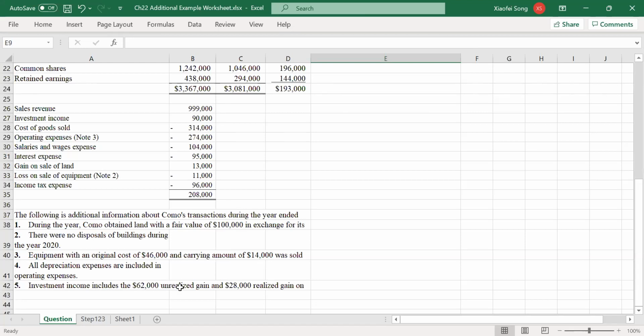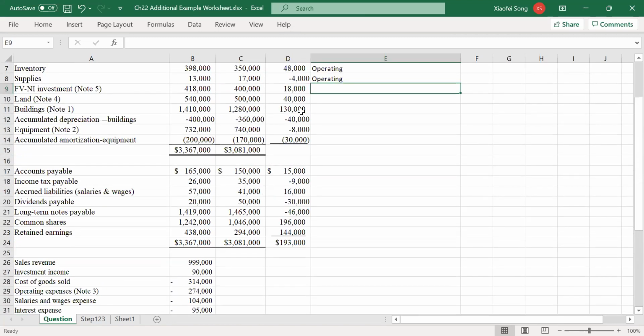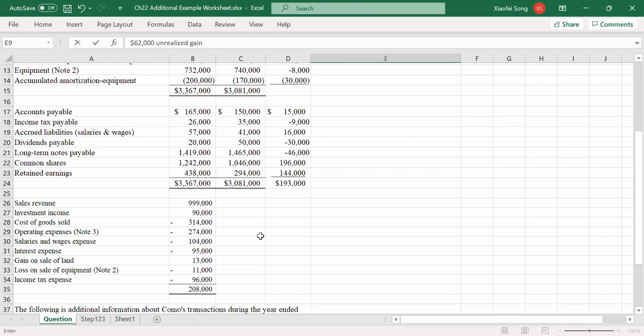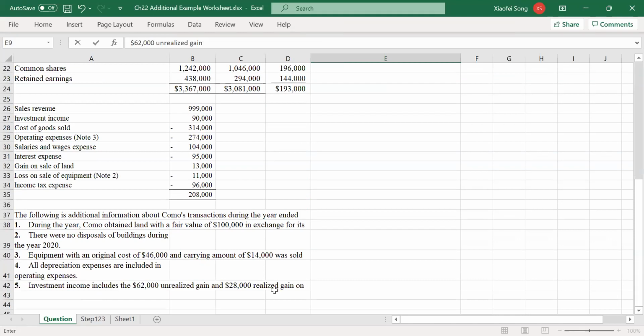Okay, so that 18,000 must include 62,000 unrealized gain, because you just make an adjustment at the end of the accounting period from whatever the carrying amount to the fair value, right? So that would be an increase. So that is the 62, and you have realized the gain. So that must mean some of the investment were sold. Some of the investment must have been sold.